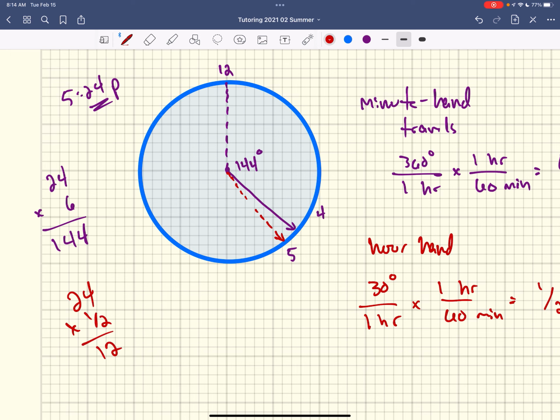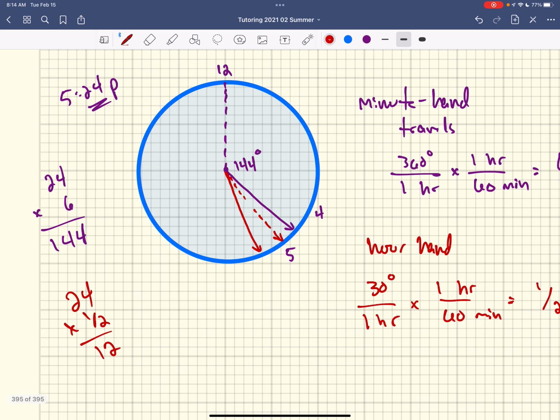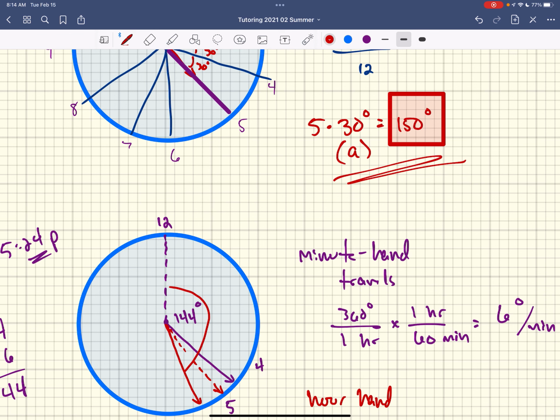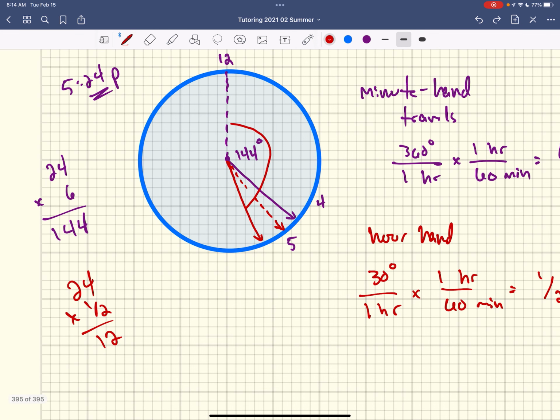It traveled another 12 degrees, and you can see it's almost halfway, because of course it's almost 5:30. And so that total distance, if we go all the way around in red, should be the 150 degrees that we started at for 5 p.m., plus those additional 12 degrees, so that's going to be 162 degrees.